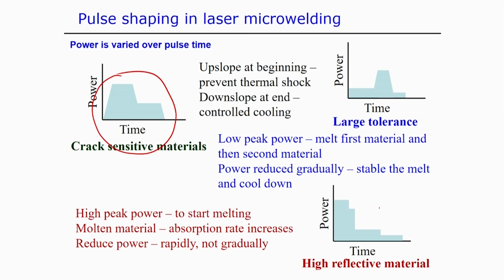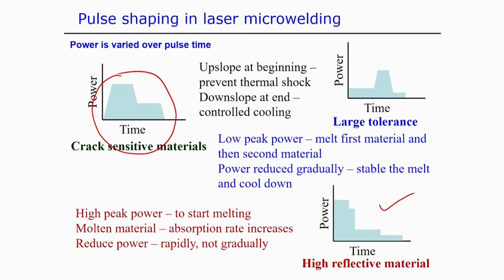Now, if you look into the other type of pulse shape, it is for high reflective material. High reflective material is really very difficult to weld using conventional welding processes, but using laser welding processes, it is possible to weld high reflective materials. In that case, a good design of the shape of the pulse is advantageous.